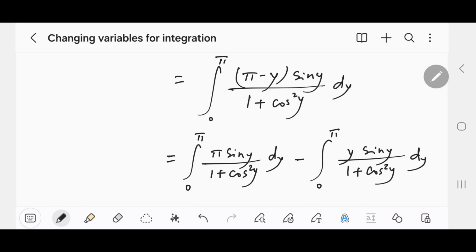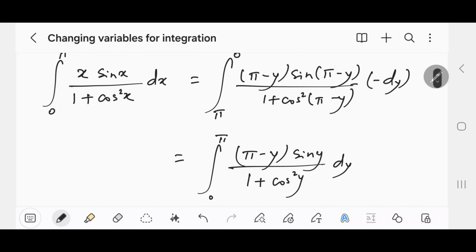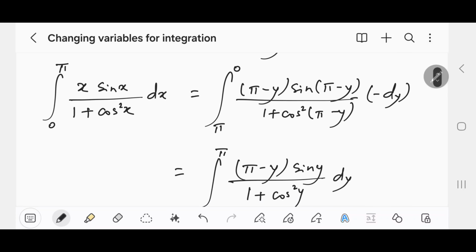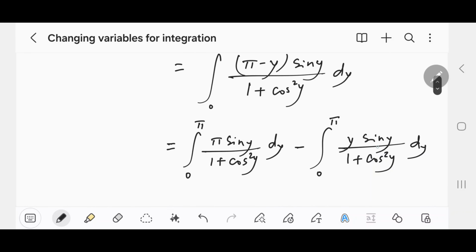Now let's see here. The given integration is in terms of x, right? Here we got the same integration in terms of y. So these are the dummy variables x and y.